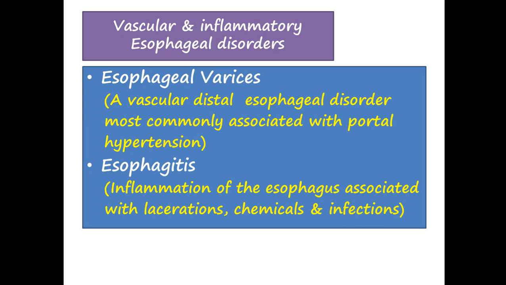We will also discuss esophagitis, which means inflammation of the esophagus, and the esophagitis is associated with lacerations or tears that occur in the esophagus. Various chemicals, for example, corrosive oils and other chemicals cause inflammatory changes and cause inflammation in the esophagus, and we will discuss various bacterial, viral and fungal infections that are responsible for the esophagitis.